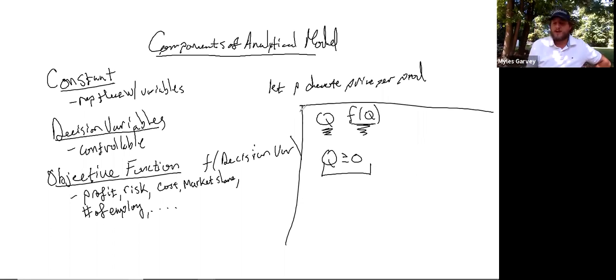Furthermore, I may know that my supplier only has a certain capacity, and therefore I would say that Q is a variable which can only be chosen between the quantities 0 and C. Put differently, it's impossible for me to have a Q that's negative or bigger than C. If Q lies in here, then the possible assignment to Q is what we refer to as a feasible solution.